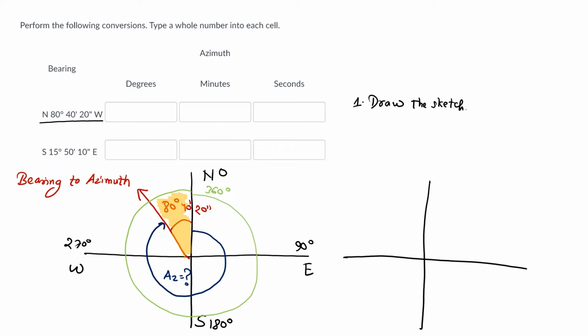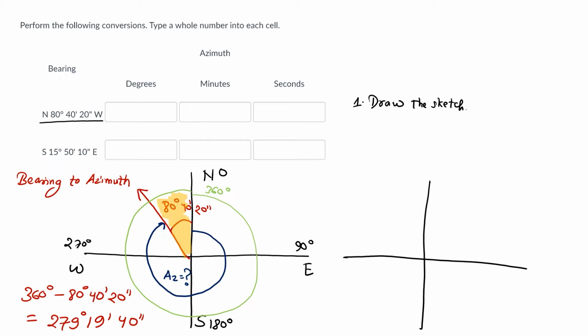You simply use 360 degrees minus 80, 40 and 20. If you solve this, you get 279 degrees, 19 minutes and 40 seconds. So this would be the azimuth of this line.